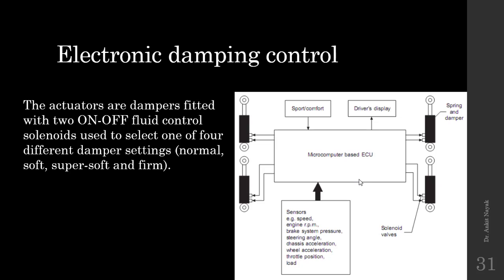This microcomputer will sense the riding mode, either sport mode or city mode, and according to the data received from the different sensors, like speed sensors, engine RPM, brake system pressure, steering angle, chassis acceleration, wheel acceleration, throttle position, load, it can easily change the voltage, or change the setting of the damper, so that it will control the comfort level of the suspension system.